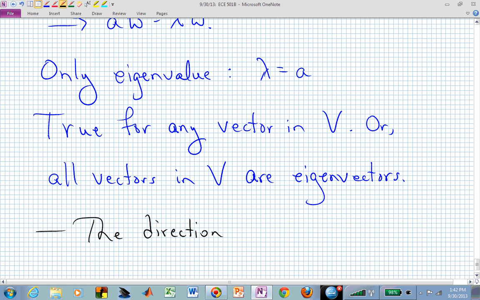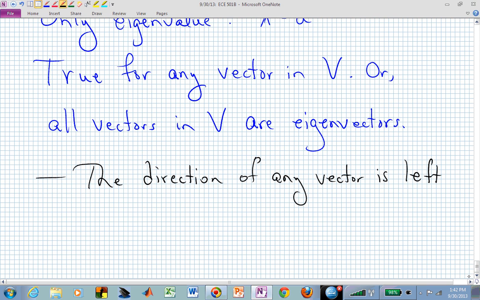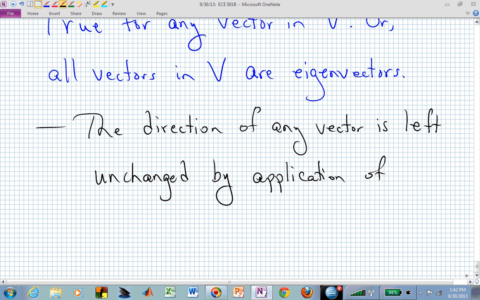The direction of any vector is left unchanged by the application of this particular linear map T given by A times the identity map I.